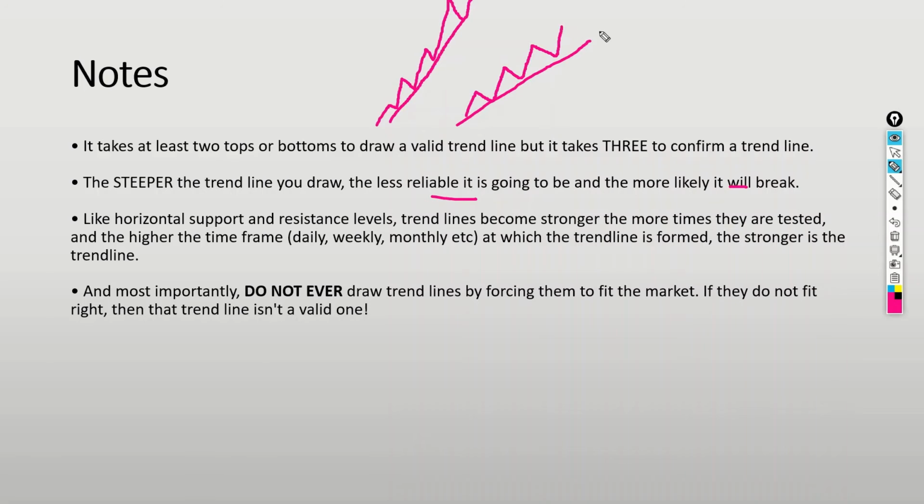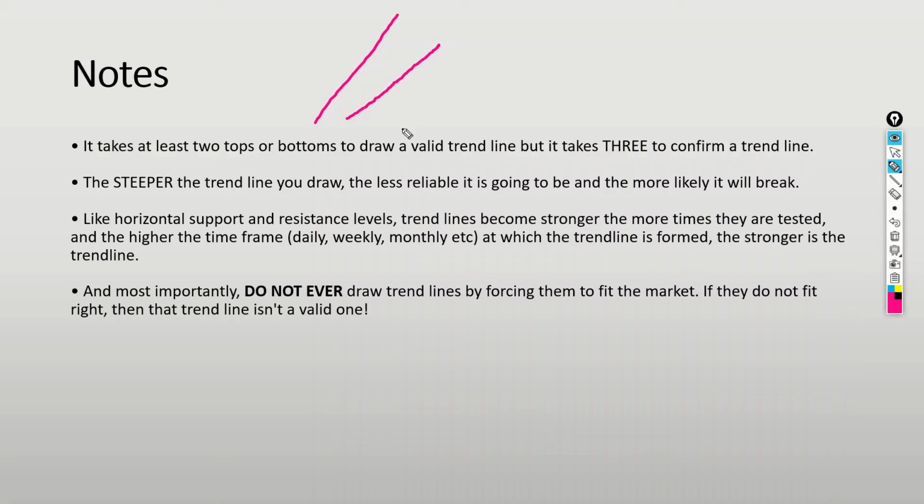Okay, this is better than this one. So the steeper, the less reliable that trend line is. You can draw a trend line that is too steep like this, another one can be less steep, another one like this. This means that the price is too parabolic. It's moving at almost 90 degrees, and that price is going to come back very quickly. This one is a bit stable, but this one is a more stable price movement.